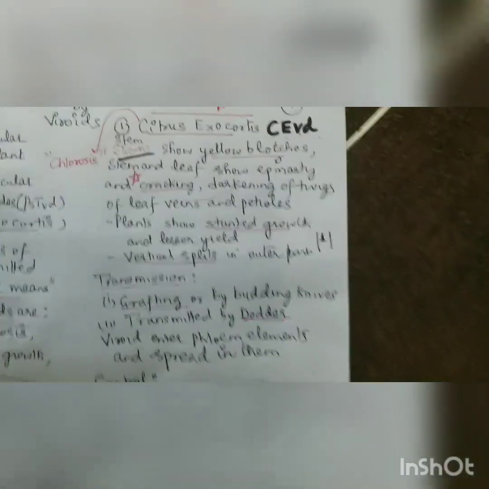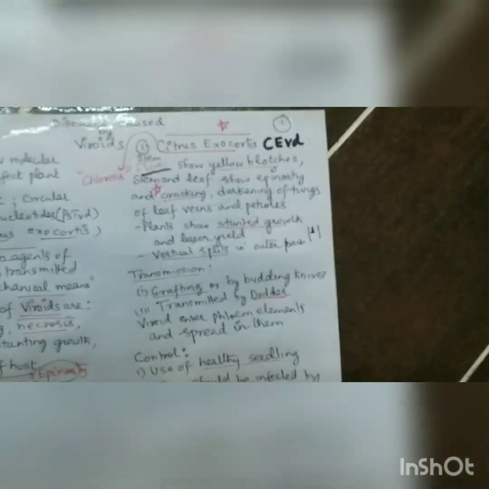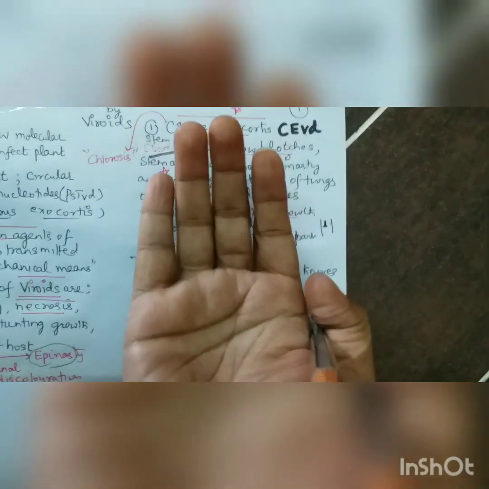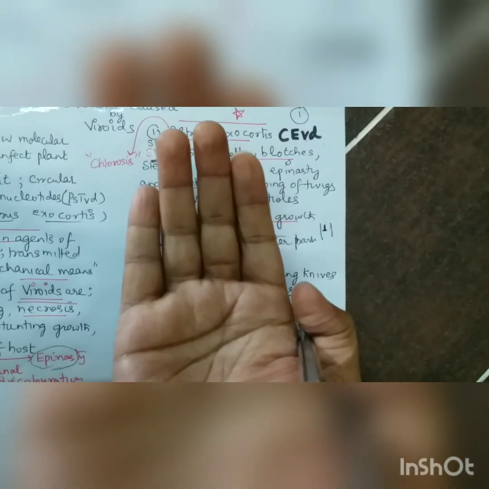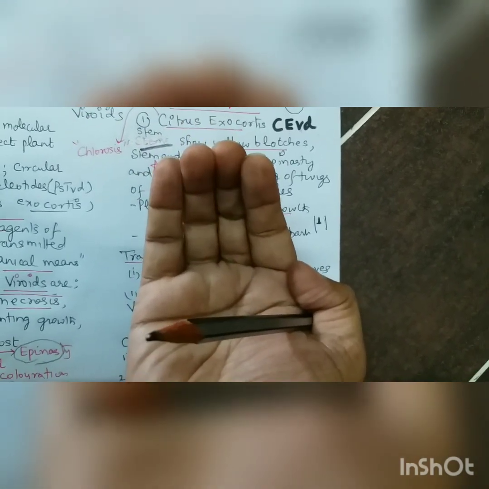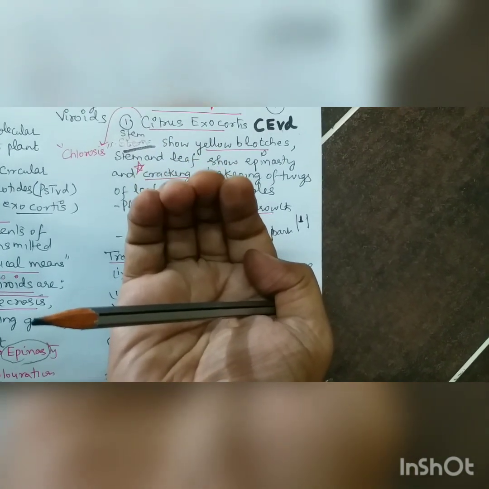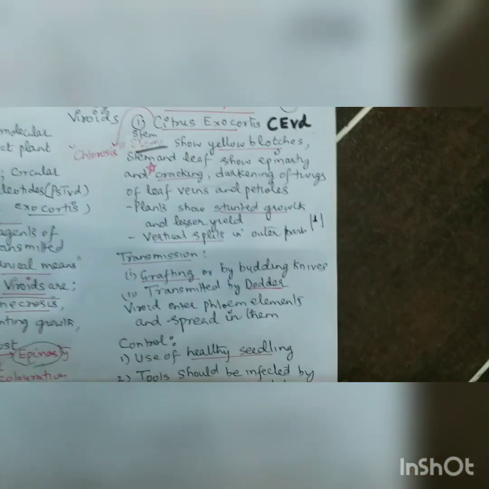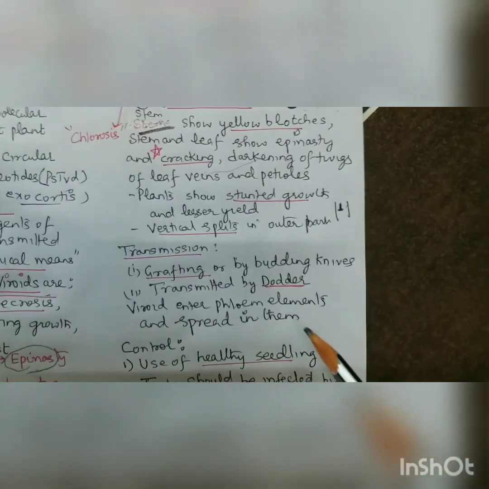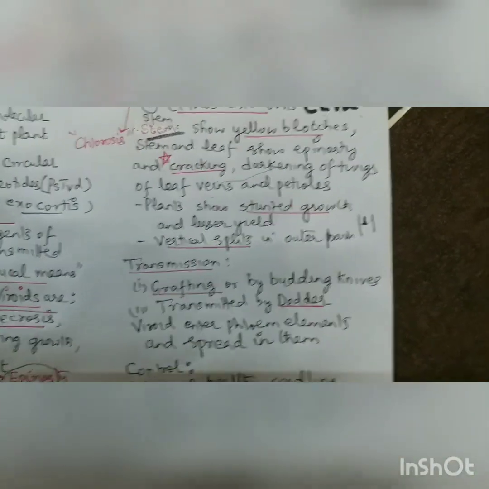If this is the leaf of the citrus, first it shows the color change, that is yellowish purple, and then it is twisted, inside and upside. As it twists, the surface area decreases, so photosynthesis is reduced. As we know, respiration increases, so it results in first chlorosis, then necrosis.